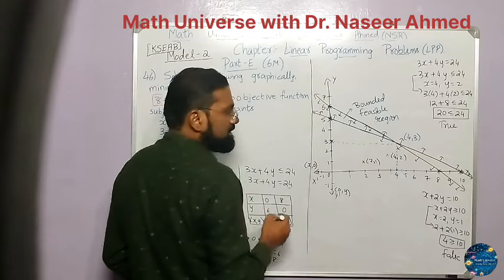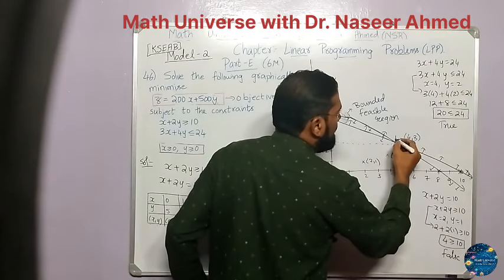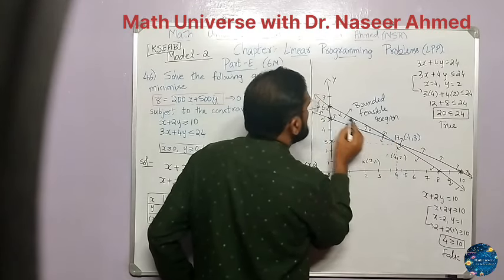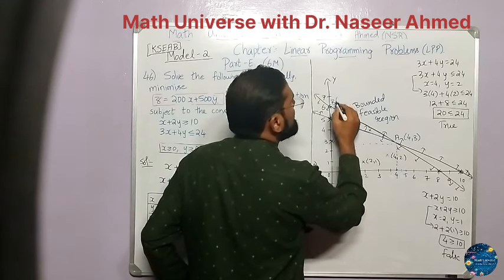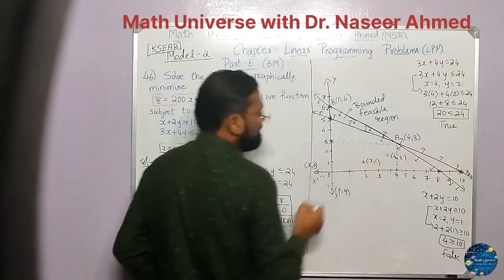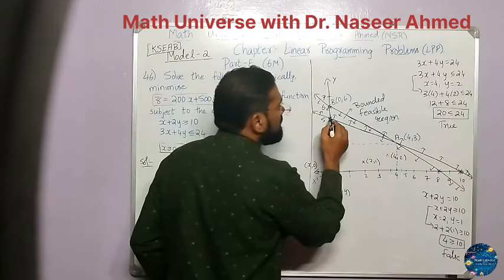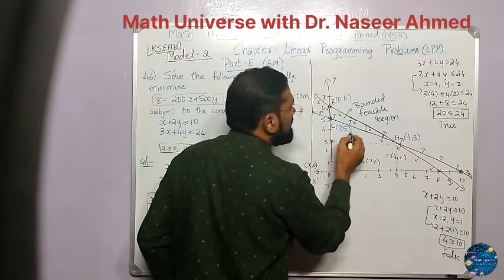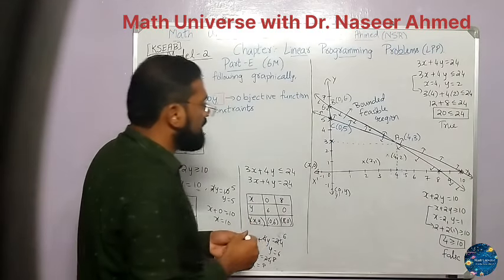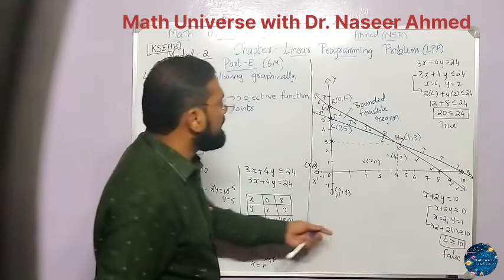And the corner points: here is A, and then you see one more corner point, nothing but my vertices. This is 6 on the y axis, so it should be 0 comma 6, because on the y axis x is always 0. And one more point we have got here, C. I will take this, and it is 0 comma 5. So these are the corner points, and for this we are going to find the table. Let's try to complete here.